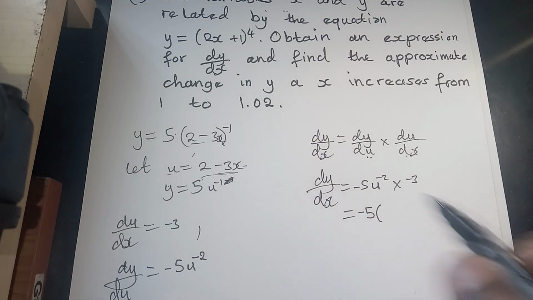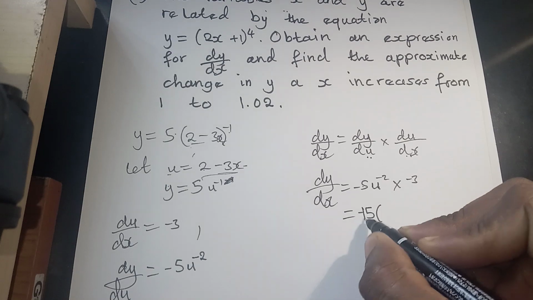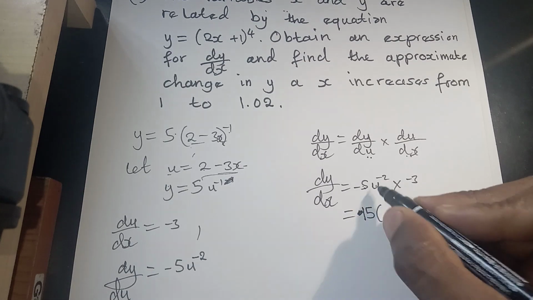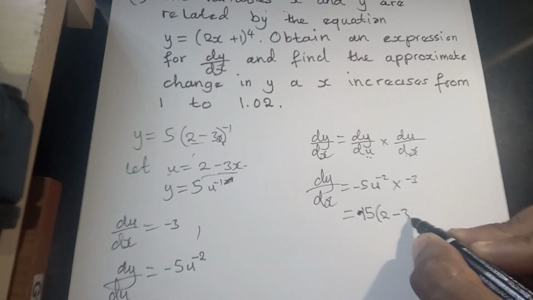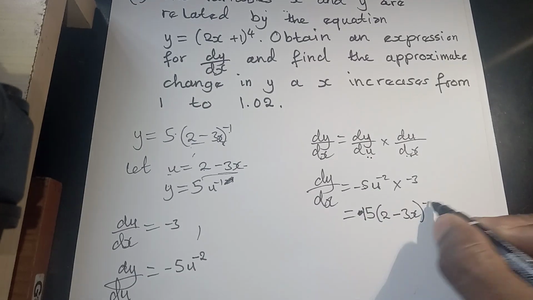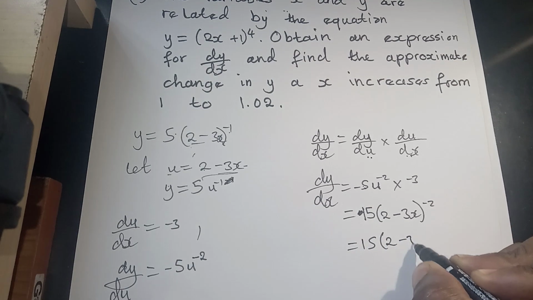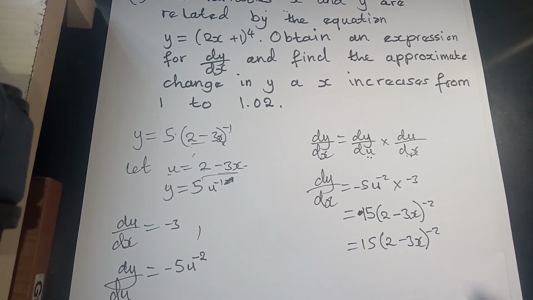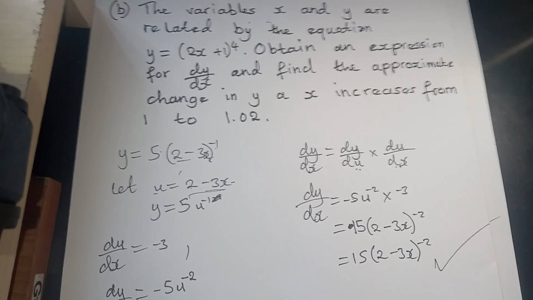We know what our u is. Of course, you can multiply this by this. This would be a 15. Then our u is 2 minus 3x, raised to the power 2. So this is our dy/dx, and this is our answer there.